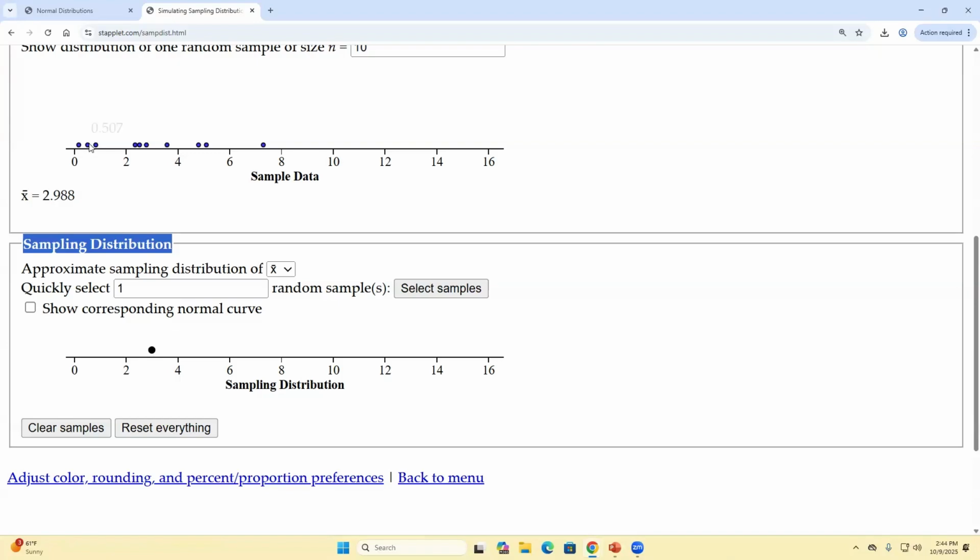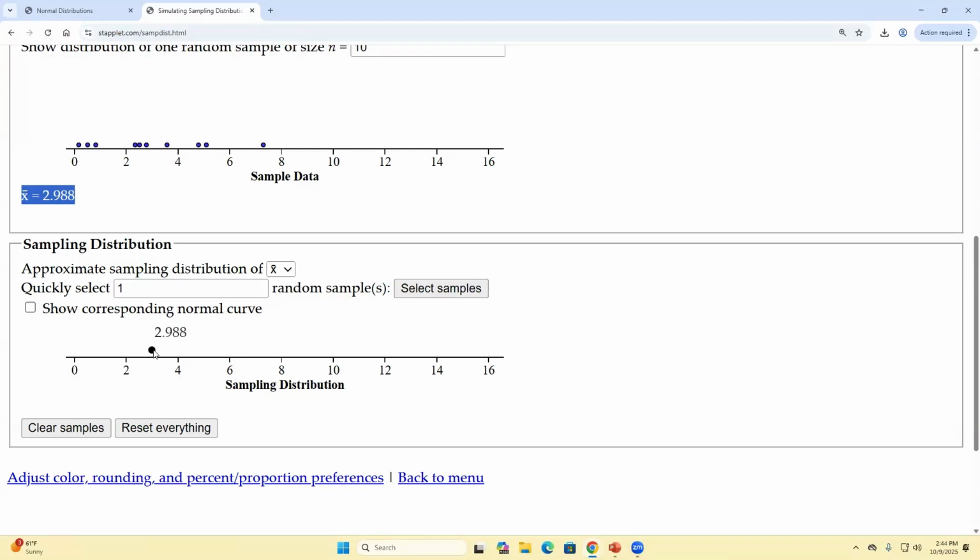So all of the scores from these 10 individuals that made up our first sample gave us a mean of 2.988, and then that mean gets placed here on this sampling distribution at 2.988. So those 10 individuals in their population got chosen, became a sample, and then that sample gets a mean calculated, and that becomes 1 dot on this sampling distribution.